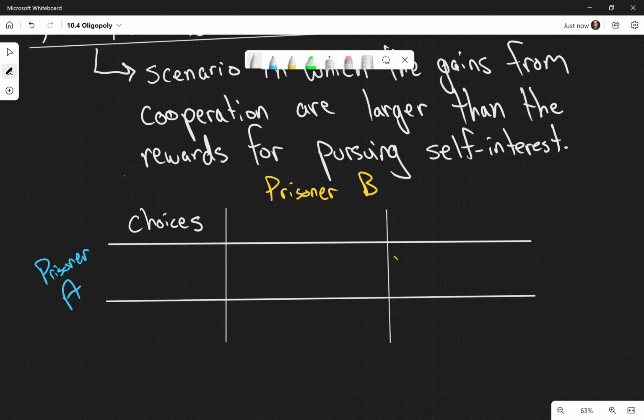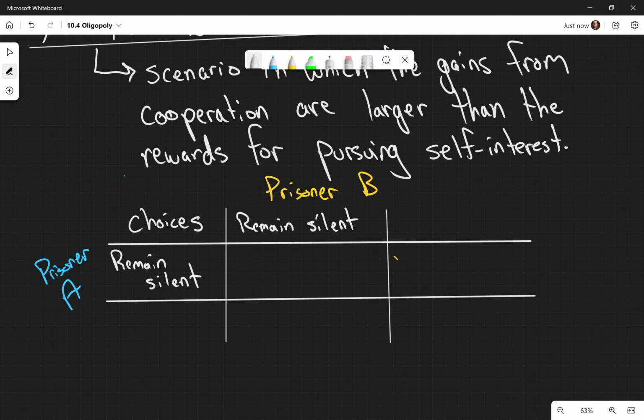You can choose to either remain silent, which means that you're going to cooperate with the other prisoner, essentially, right? You're saying, okay, we're both going to remain silent. None of us are going to talk to the police about the robbery that we did or whatever was found in our suitcase or whatever the situation was, right?